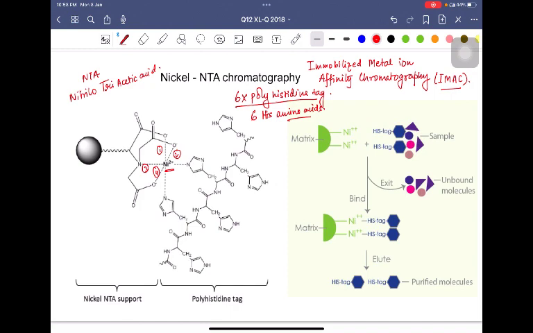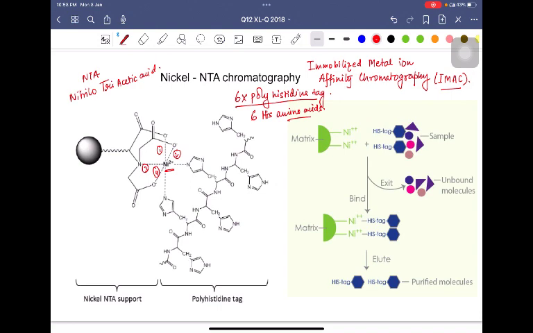These tags are usually in the vector where we clone the gene of our protein of interest. This vector will express the histidine tag either on the N-terminal end or on the C-terminal end of the protein.